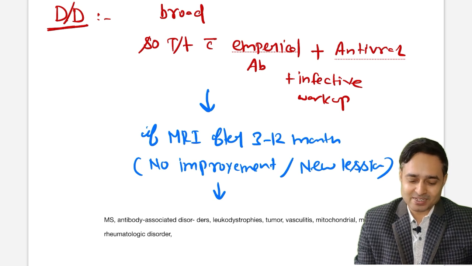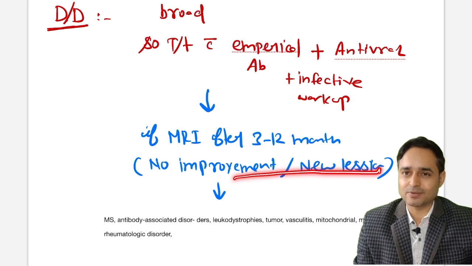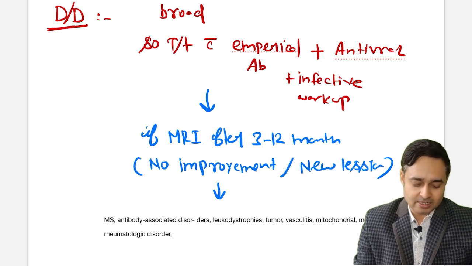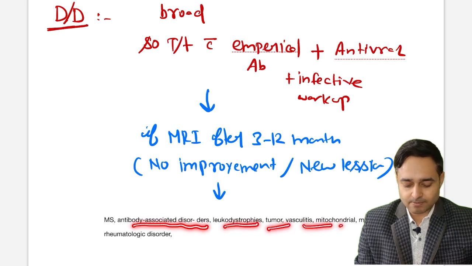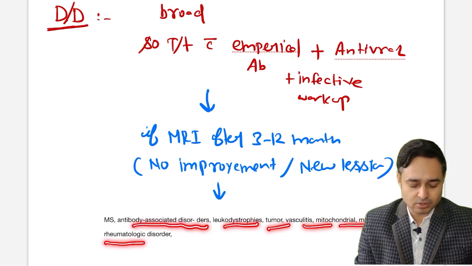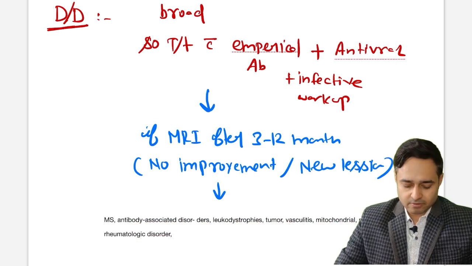So treatment should be started empirically, antiviral plus infective workup. If MRI after 3 to 12 months shows no improvement or new lesions are seen, as we discussed, we should consider MS, antibody-associated disorders, leukodystrophy, tumor, vasculitis, mitochondrial metabolic and rheumatological disorders. Basically, we have to think of an alternative diagnosis.